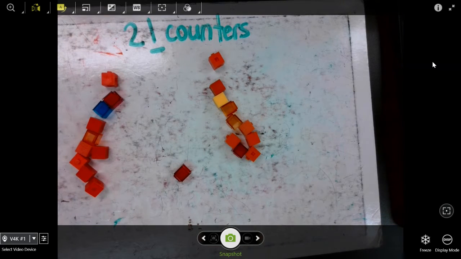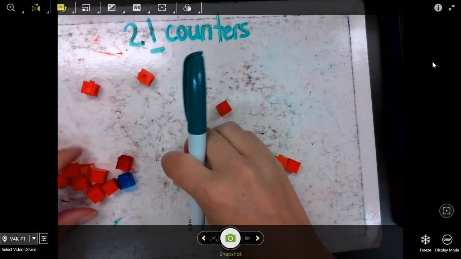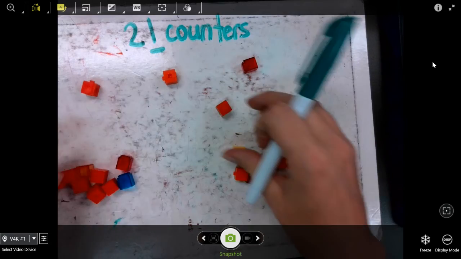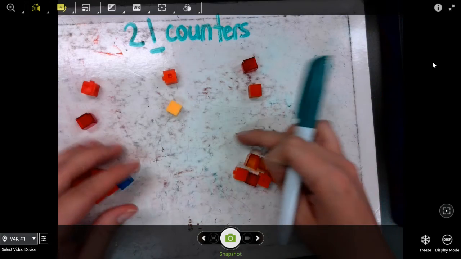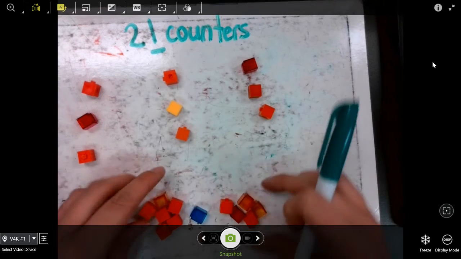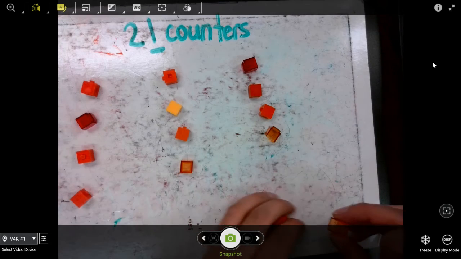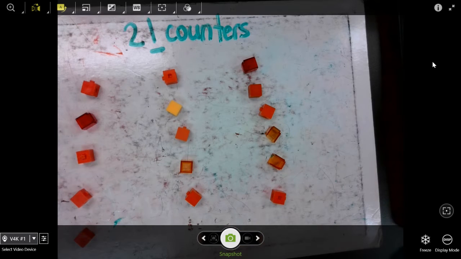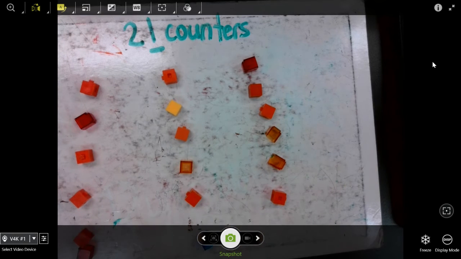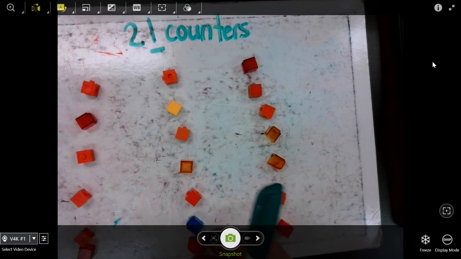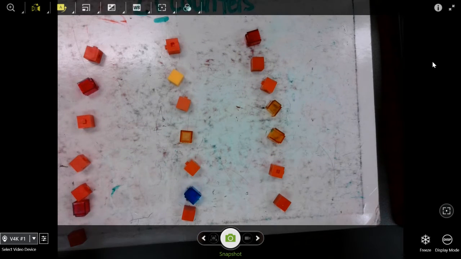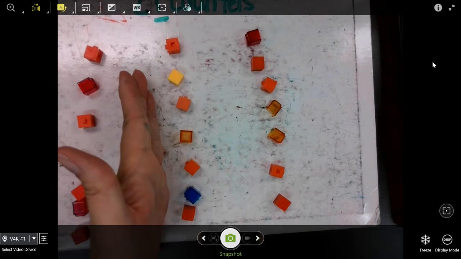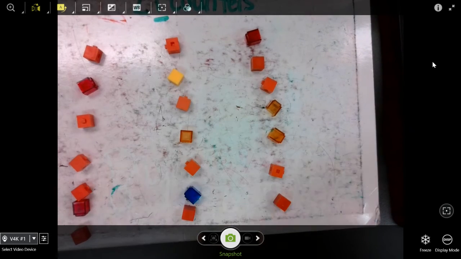I'm going to try groups of 3. 1, 2, 3. So we have 3 equal groups there. I'm going to put the same amount in each one. Oh my goodness. 1, 2, 3, 4, 5, 6, 7. 7 plus 7 is 14. 14 plus 7 is 21.